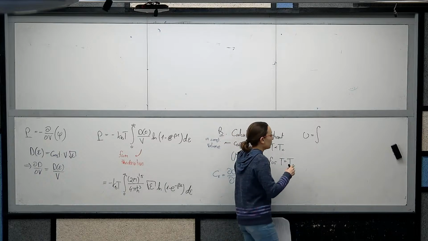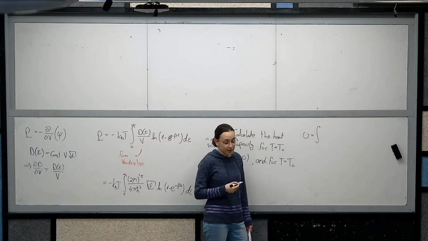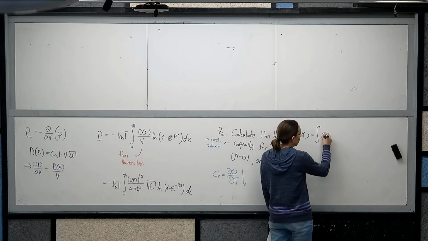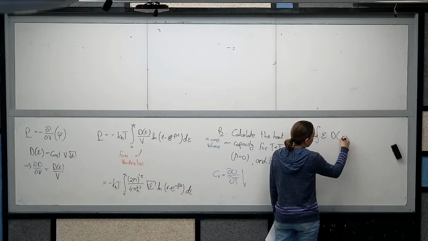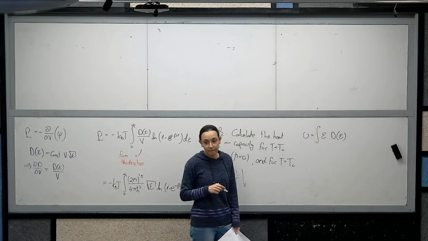So we can say the internal energy is the value of energy each level has times the density of states, right? It's like an average.